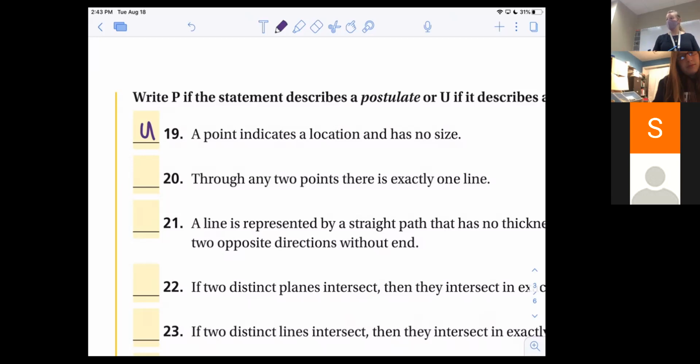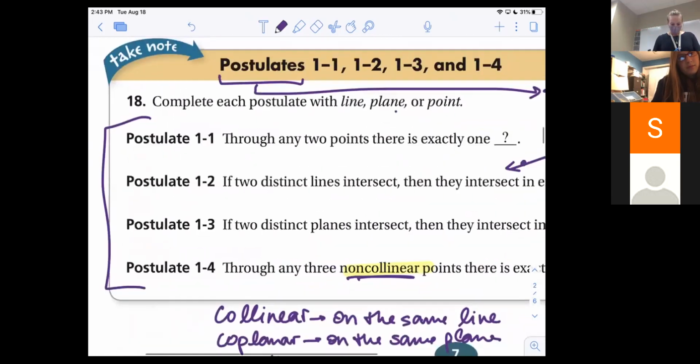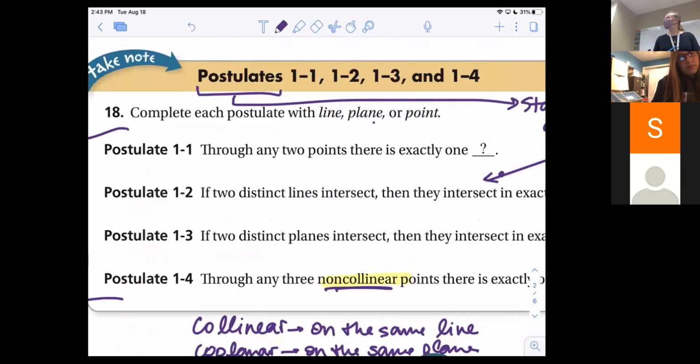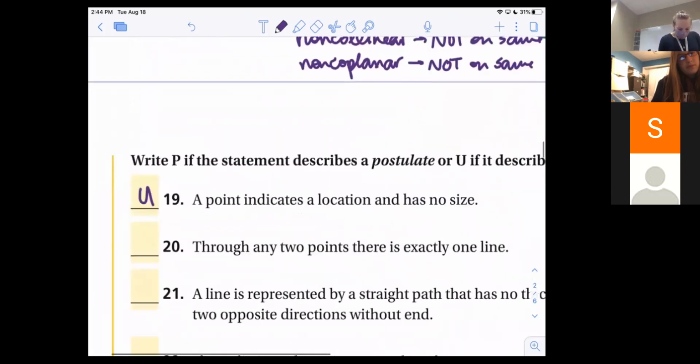I'm counting on you, bud. Let's read it. Through any 2 points, there's exactly one line. Is that like the 4 statements we just talked about? Is that one of those up there? Postulate. Awesome. Great job.